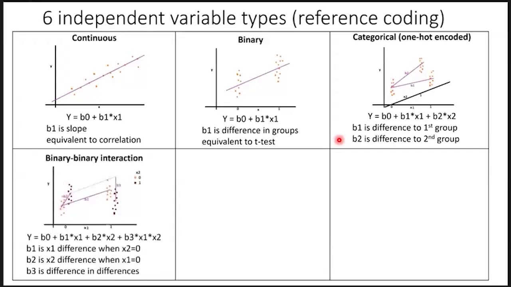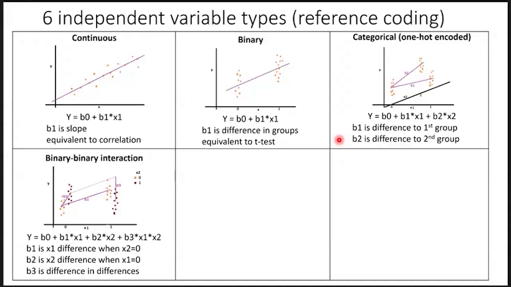Okay, binary interactions are a little bit tricky. This is what happens when we have 2 groups, let's say healthy, depressed, and another binary variable, let's say male, female. So now a person gets a value for both groups, right? And we want to find the effect between healthy and depressed, which is called the main effect, the effect between male and female, which is called the second main effect, and their interaction.